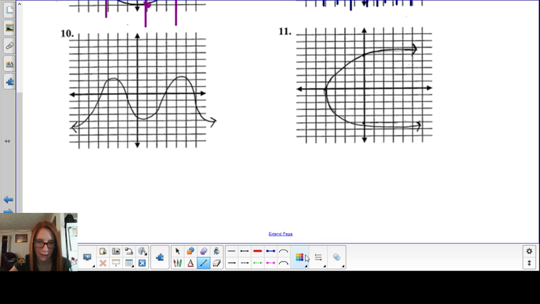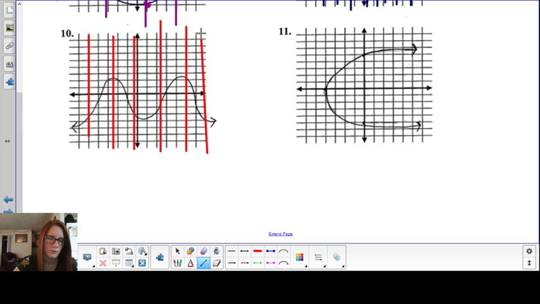All right, let's take a look at this weird looking wavy thing. It's not really anything. Kind of looks like a sine graph, but it looks like it reflected. Not even, it would be a reflected, maybe cosine. Either way, let's draw some vertical lines. What are you guys noticing?